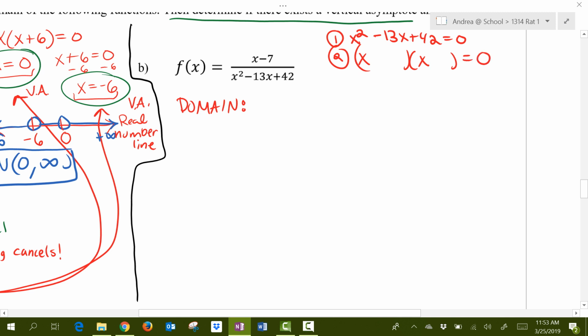We're going to solve by factoring using our zero product theorem. Set each one of those factors equal to 0. Solve for x. So we're using ZPT.